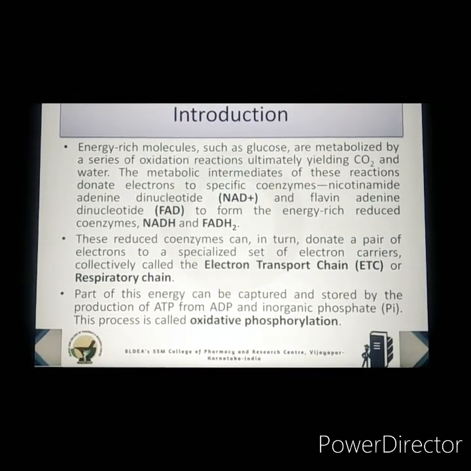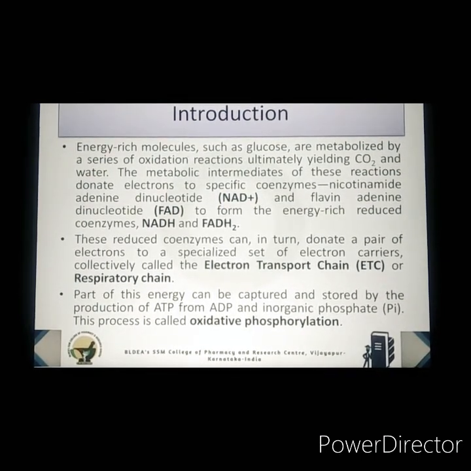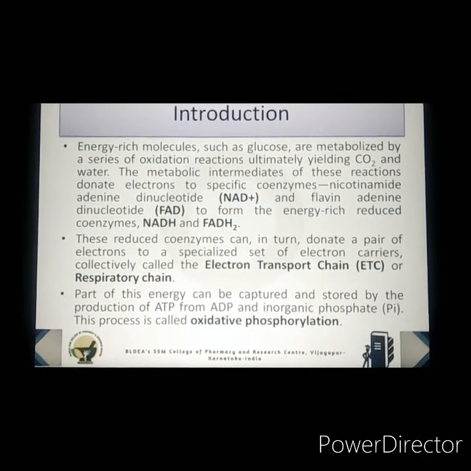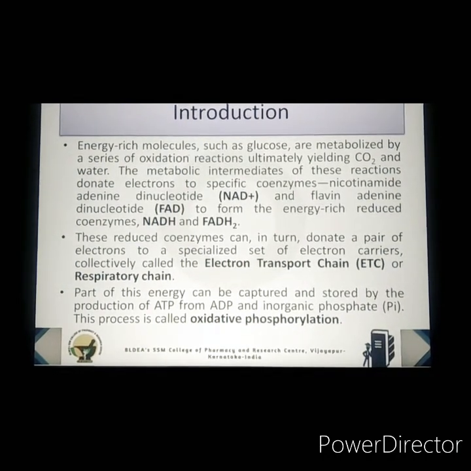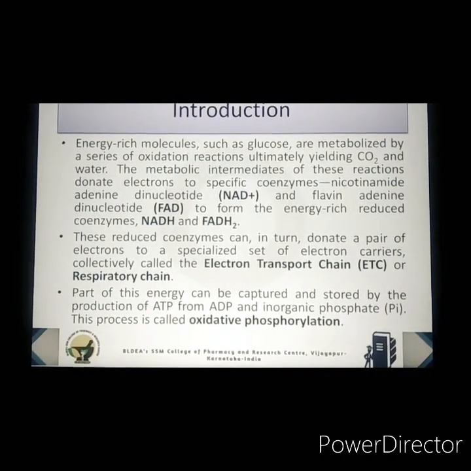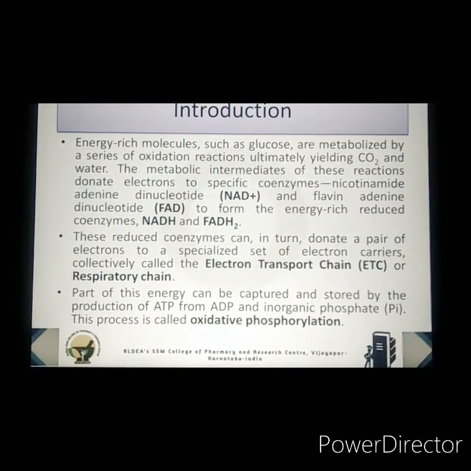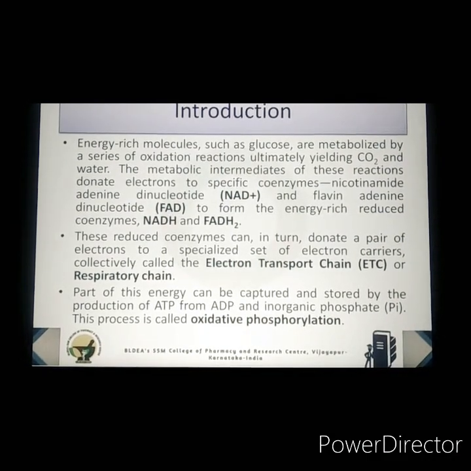Such process is known as oxidative phosphorylation. Oxidative because in ETC most of the reactions are oxidative in nature, so whatever energy is produced during that oxidation is captured. And phosphorylation because ADP is being phosphorylated, that is ADP is added with a phosphate group to form ATP. So such process is known as oxidative phosphorylation.